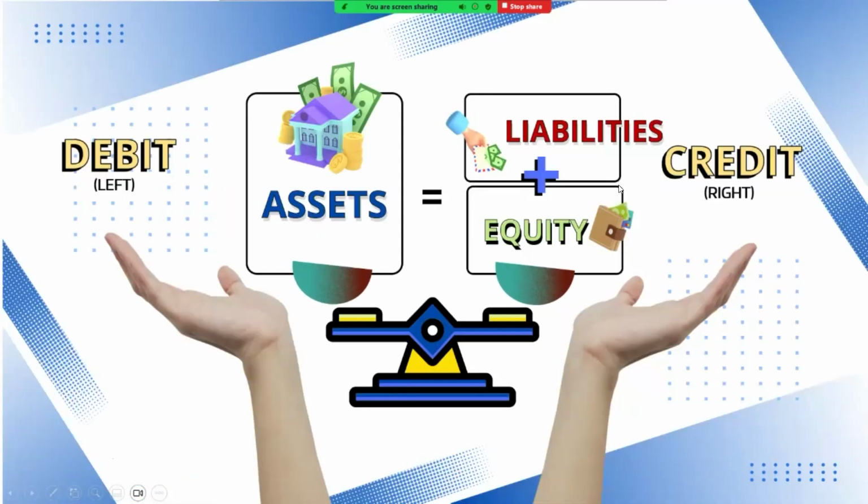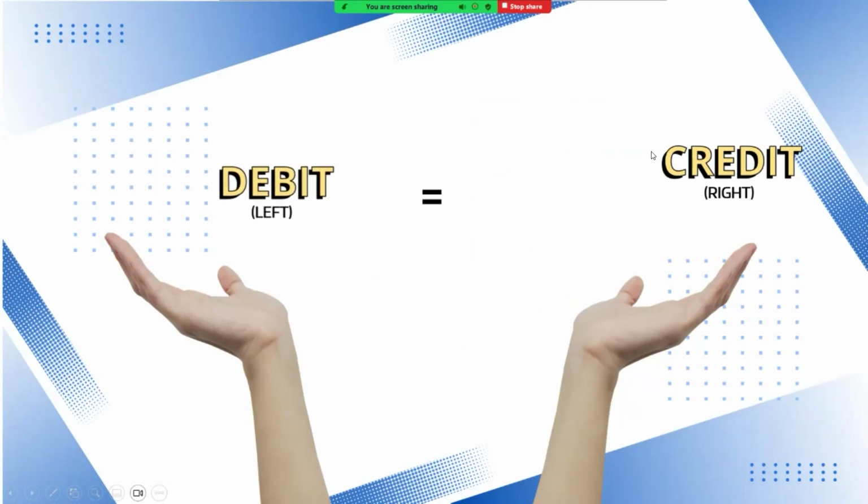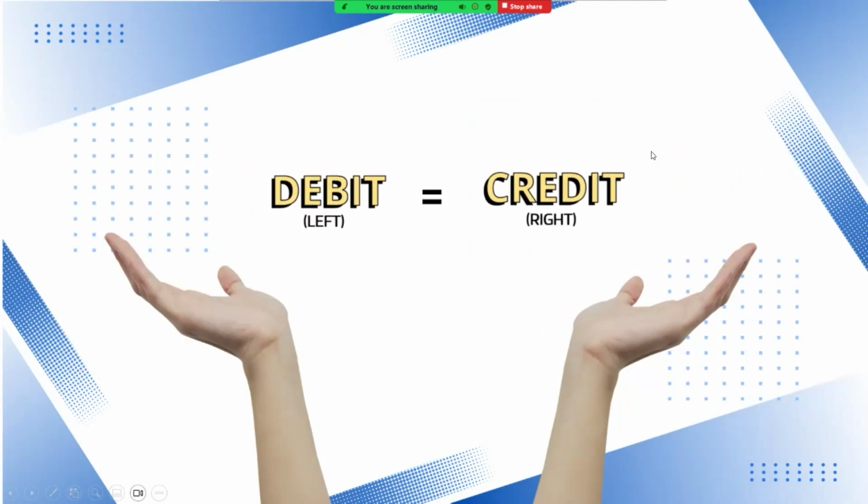The general concept is that for every journal entry and for every reporting period, your debits should always equal your credits, in the same way that your assets will be equal to your liabilities and equity. So debits would always equal your credits.